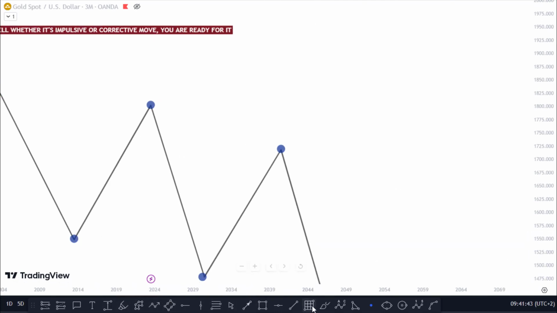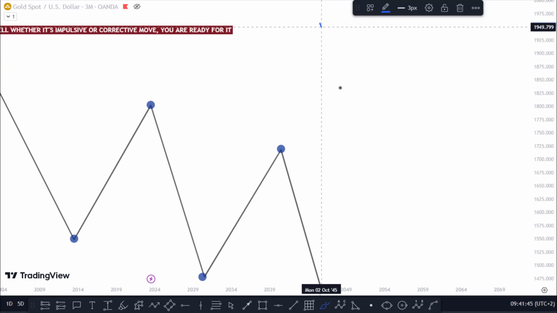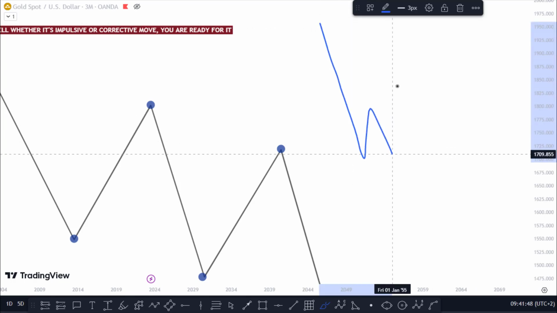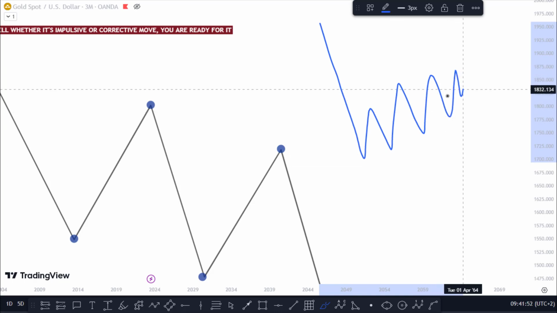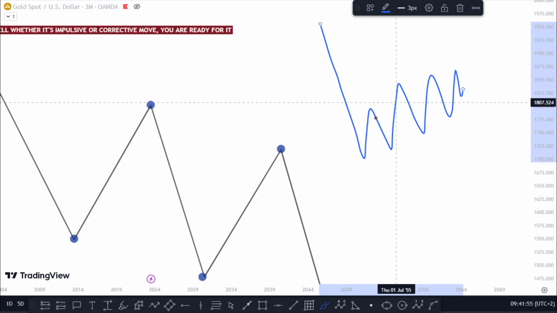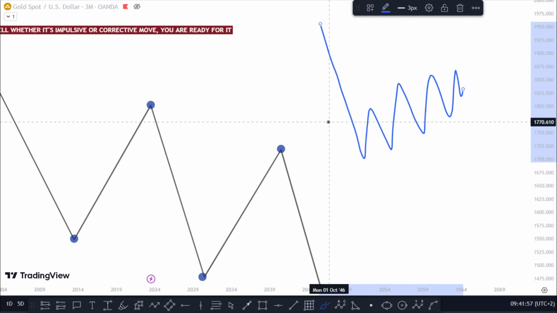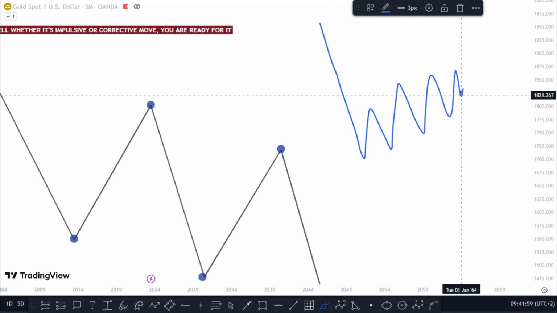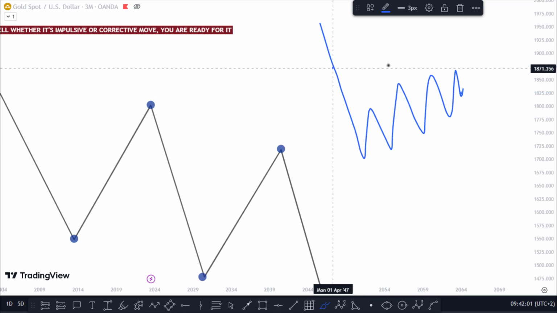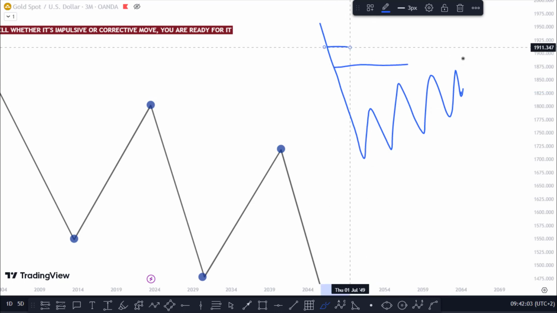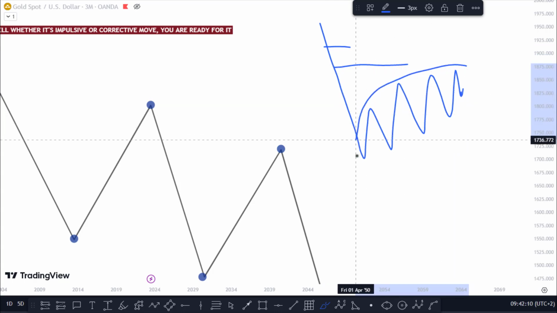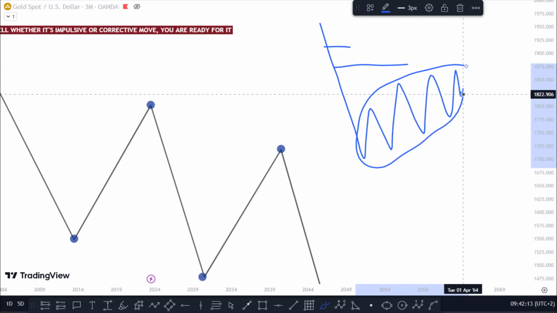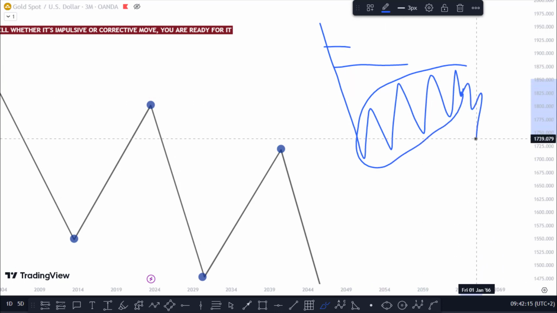A corrective move is going to create this type of move, right, in a counter direction. So you understand what I mean? So now do not mind whether it's going to stop here or here. As of now, it's not your job. Your job, try to understand whether you are in a corrective move or impulsive move.